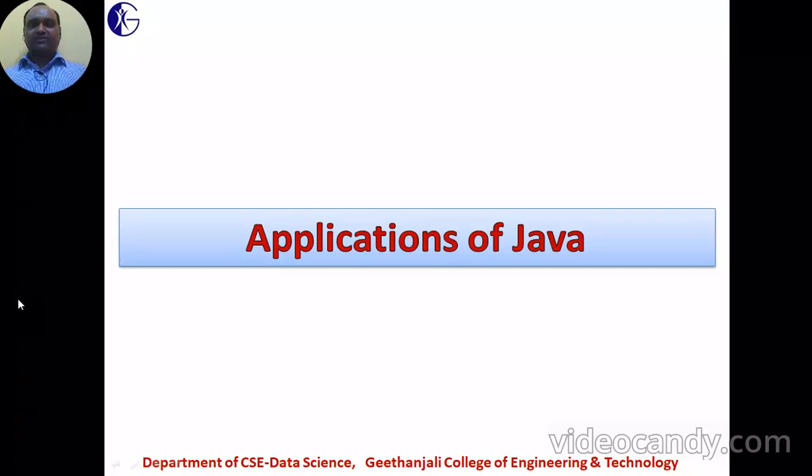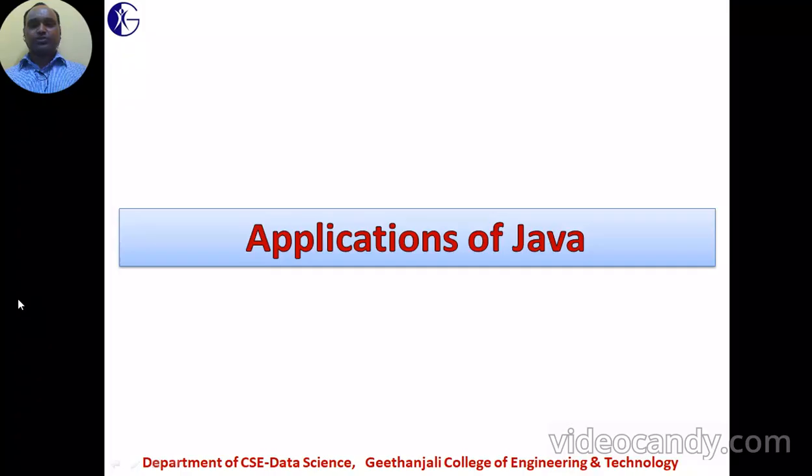One is Java Standard Edition, normally called J2SE. Another one is J2EE, Java Enterprise Edition. And the third one is J2ME, meaning Java Micro Edition. These are the three different flavors that are available in Java.